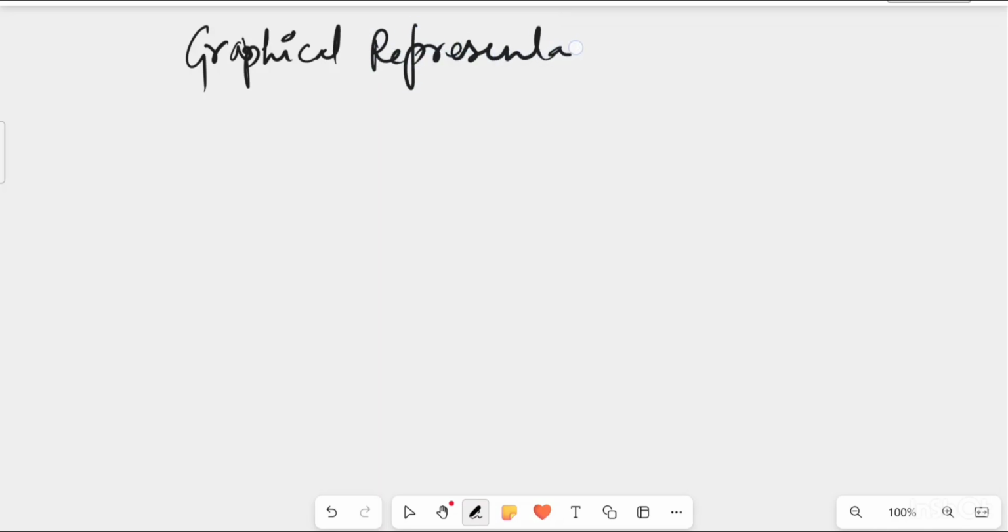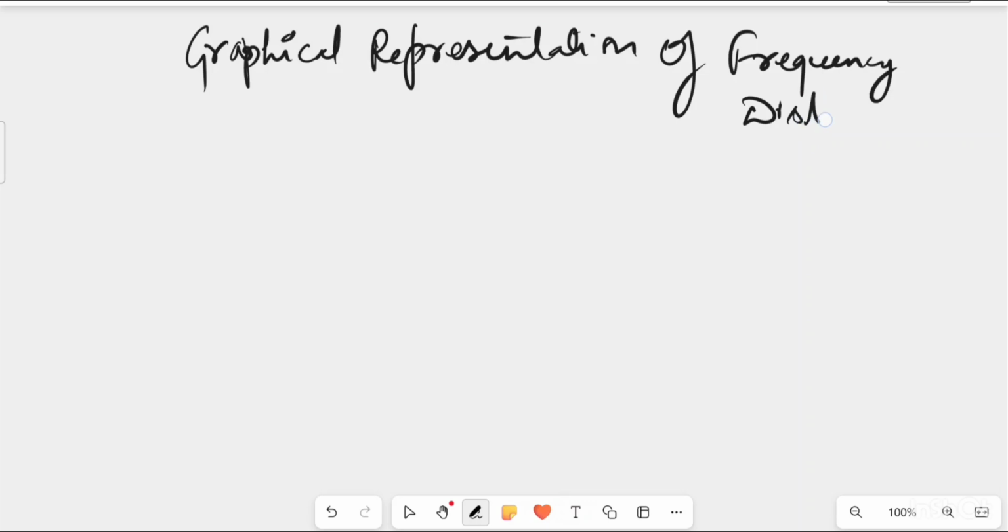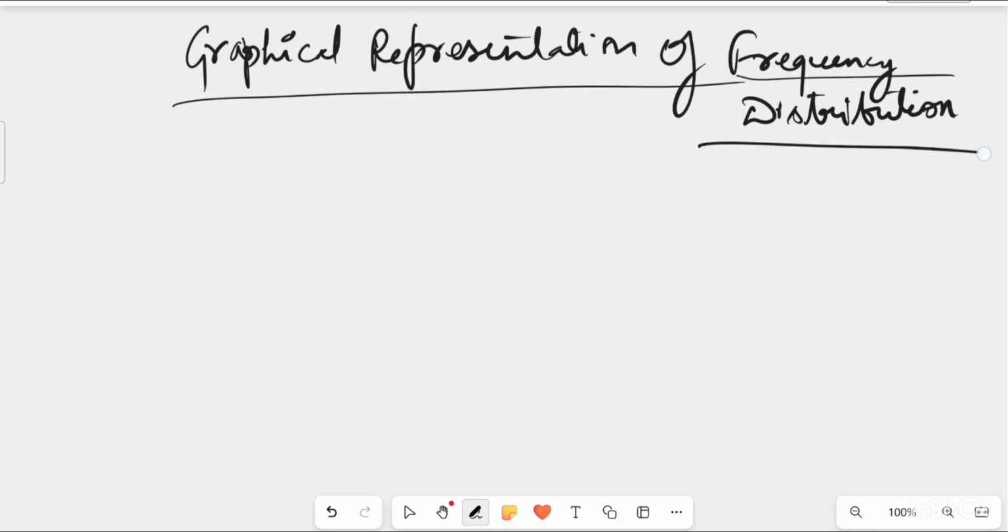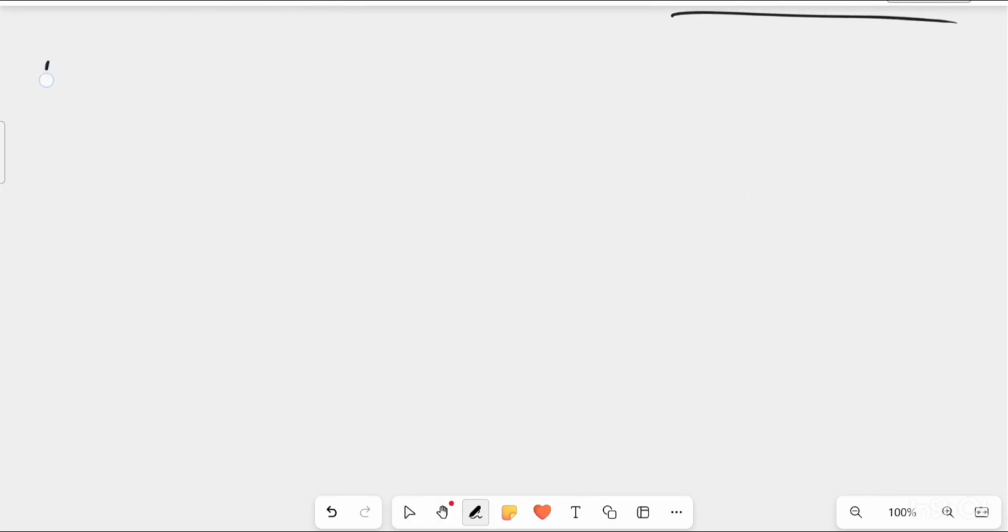Now we come to graphical representation of frequency distribution. First is bar diagrams.